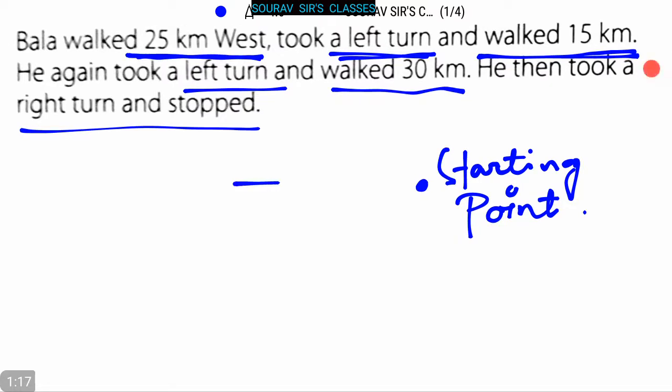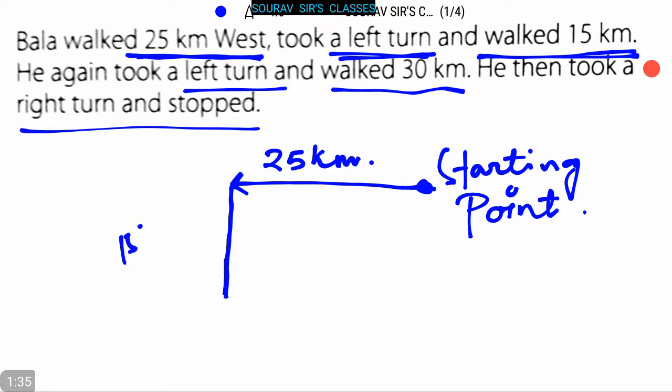So this is west, and in this direction he walked for 25 kilometers. Now he took a left turn and walked for 15 kilometers. So this is 15 kilometers, and again he took a left turn and walked for 30 kilometers.